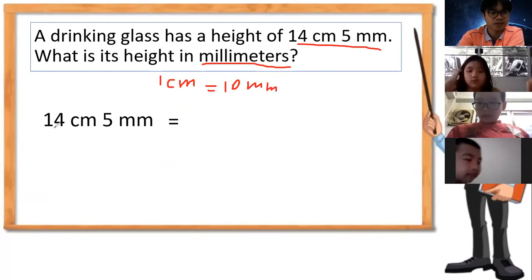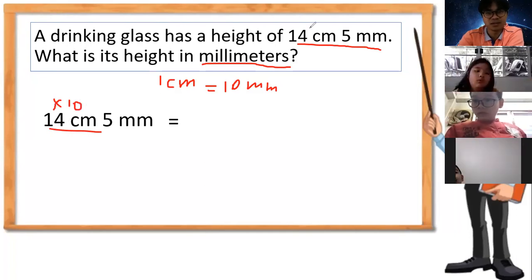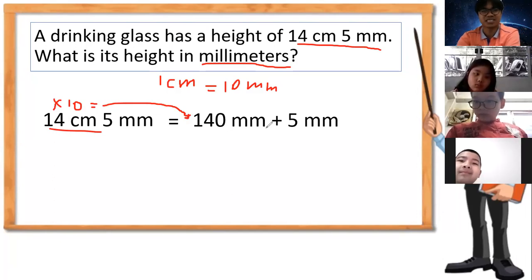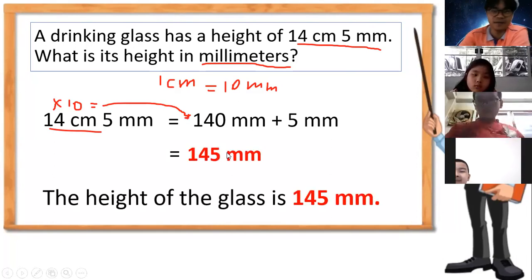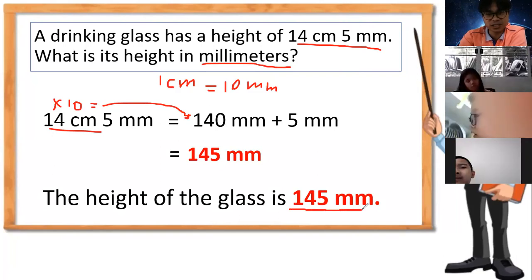So 14 times 10 equals 140, plus 5 millimeters. You are correct, very good. 145 millimeters. So the height of the glass is 145 millimeters.